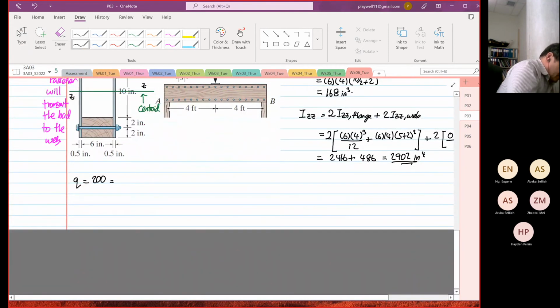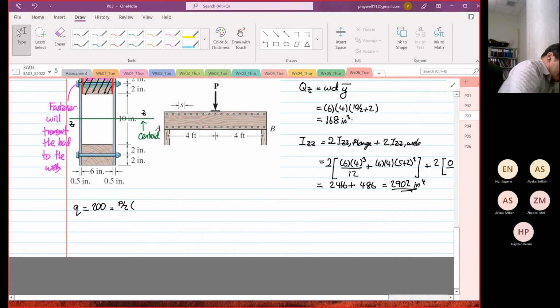Then this will be equal to V, which is P over 2, multiplied by the first moment of area, which is 168, and then divided by I, which is 2902. So therefore P will be equal to 200 multiplied by 2902 multiplied by 2 divided by 168.